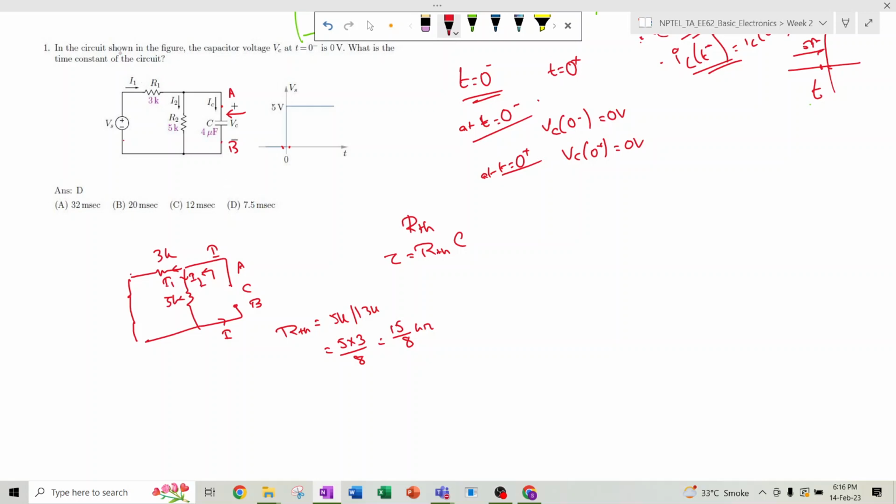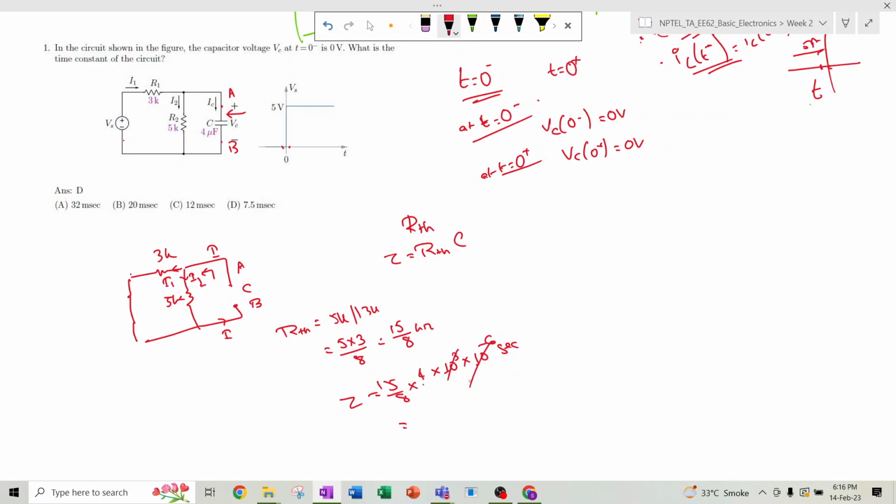So the time constant of the circuit can be written as tau equal to 15 by 8 kilo ohm into the value of C, that is 4 microfarad. So 10 to the power 3 is for kilo ohm, and 10 to the power minus 6 for microfarad, this much second.